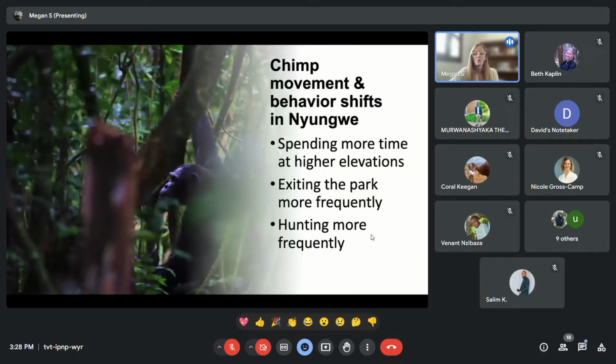And they also appear to be hunting more frequently, which might be because of pressure, or perceived pressure, that chimpanzees have from a lack of fruit availability. Maybe that's related to the seasonal shift in the fruiting peak that I put up earlier in this presentation.